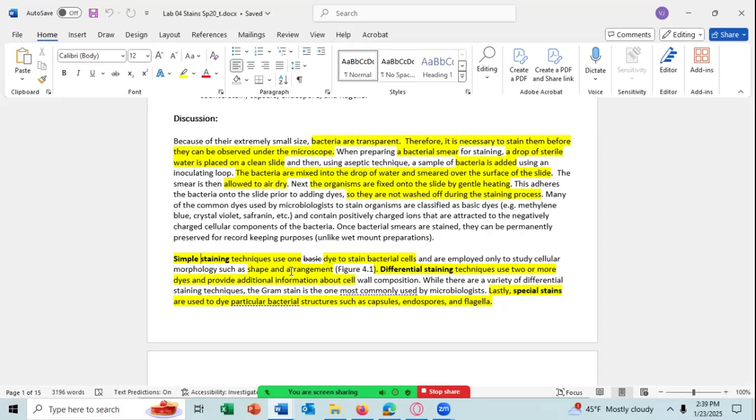A differential staining technique uses two or more dyes to provide additional information about the cell. The Gram stain is a common differential stain. And that's one of the two we'll talk about, the one we'll talk about the most. Lastly, there are special stains, and they're used to dye a particular bacterial structure, such as the cell capsule, an endospore, or the cell's flagella. Any questions about any of that?